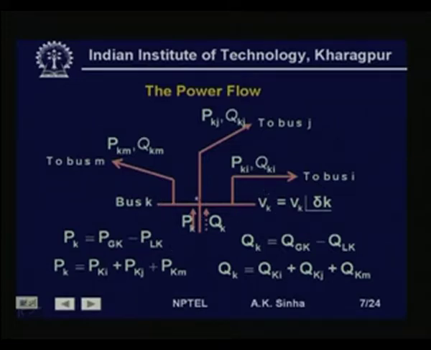This follows directly from Kirchhoff's current law, that is, we cannot have any power or current stored here. So, whatever is the power or current flowing into the bus must go out from the bus through the transmission lines.